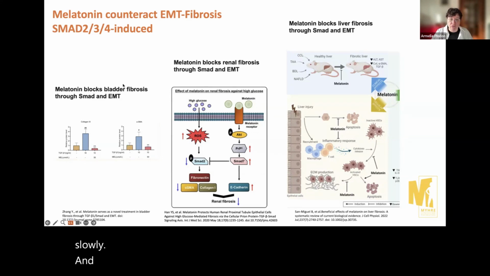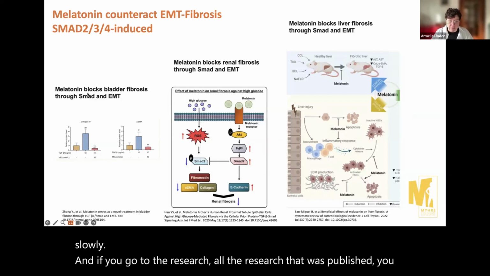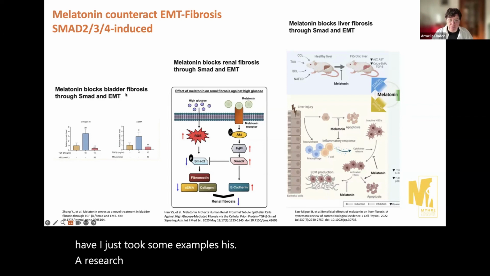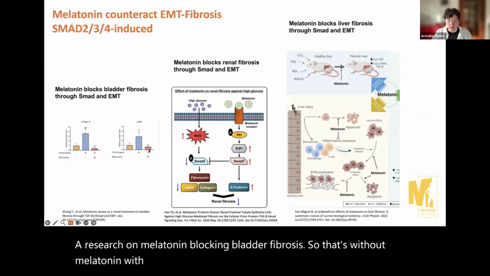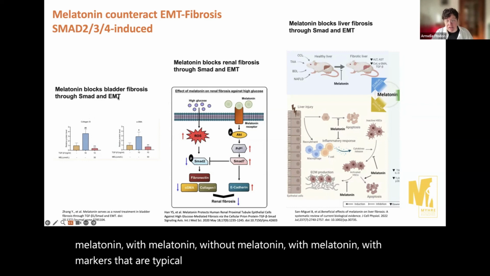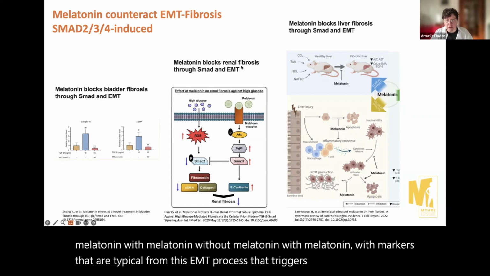If you go to the research that was published, I just took some examples. Here's research on melatonin blocking bladder fibrosis, without melatonin and with melatonin, with markers typical of this EMT process that triggers fibrosis.